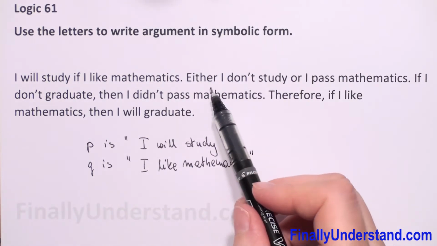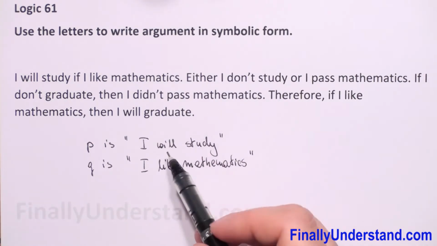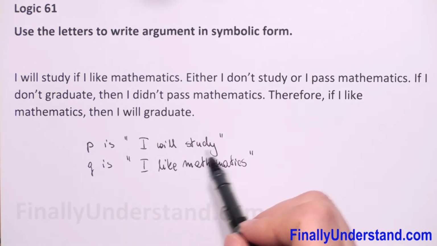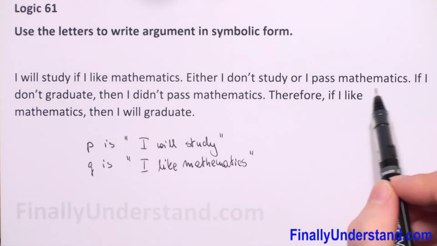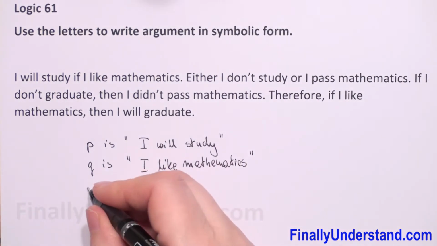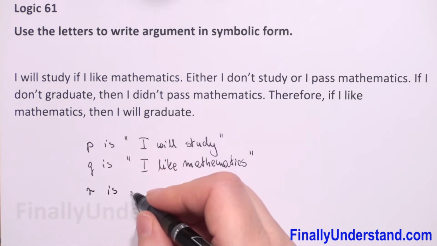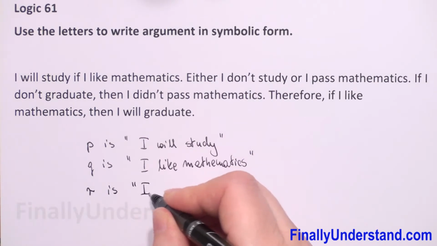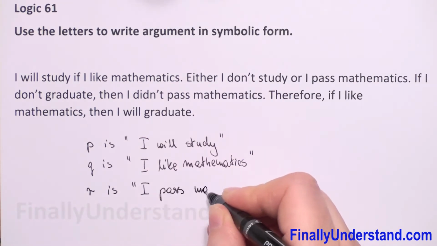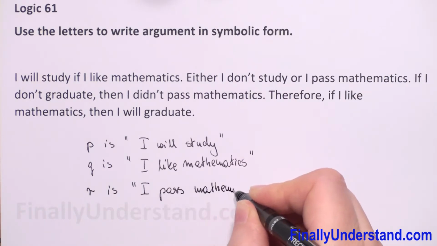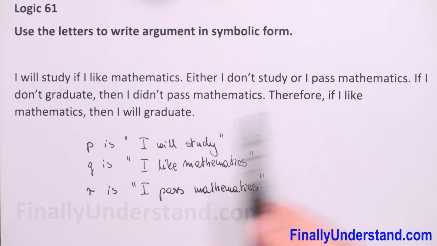Next, we have either I don't study, and we have I will study, so we don't have to write it again. I pass mathematics, so let's put that this is our R, a simple statement. Next, we have I don't graduate.